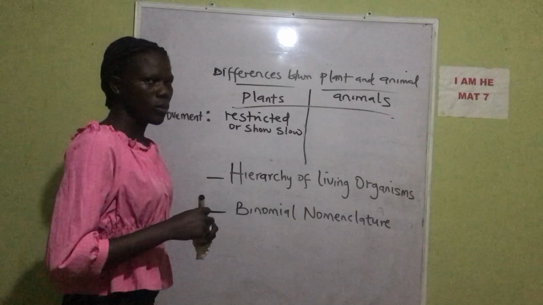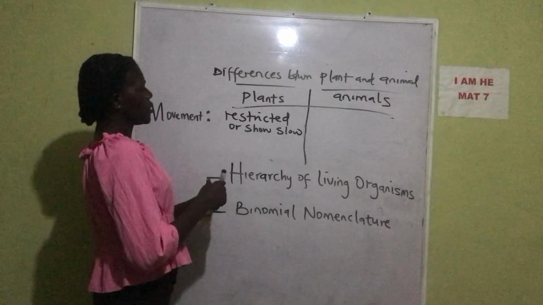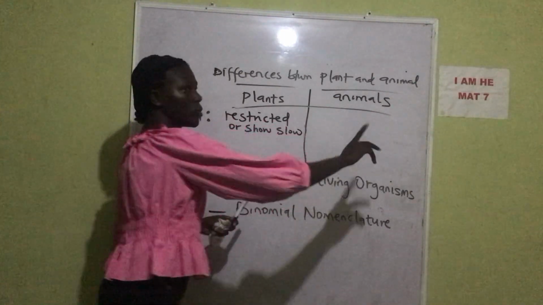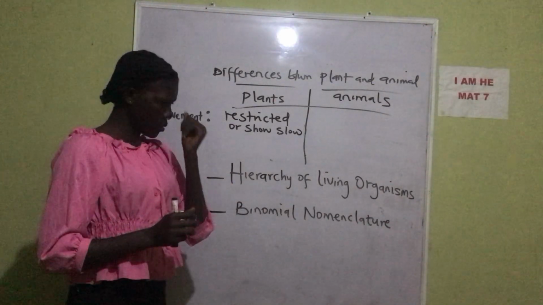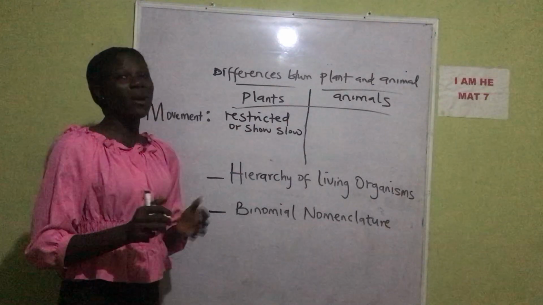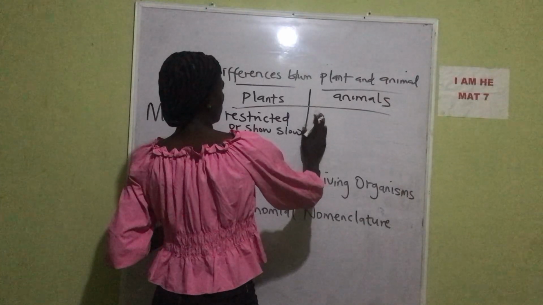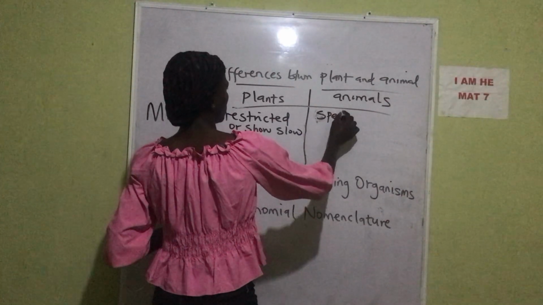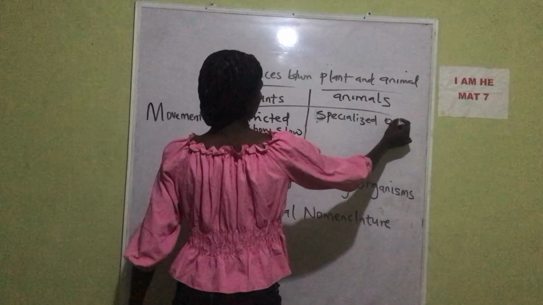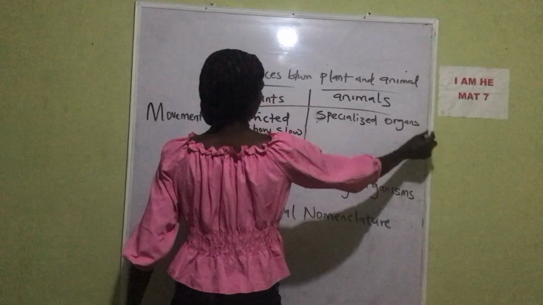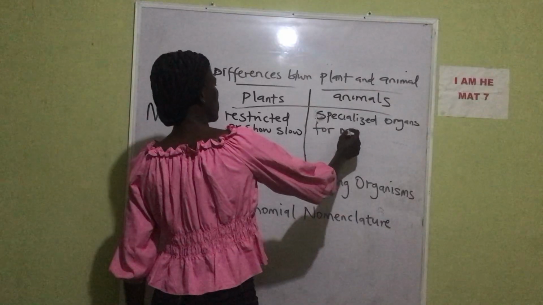Sometimes they are restricted or show a slow mode of movement, whereas animals move from one place to the other because they have the necessary specialized organs for locomotion.